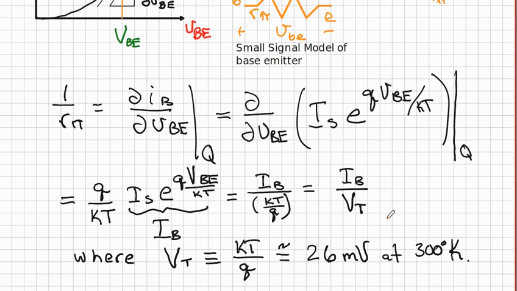So here we have a little bit of calculus. 1 over r pi equals this partial derivative evaluated at the Q point.